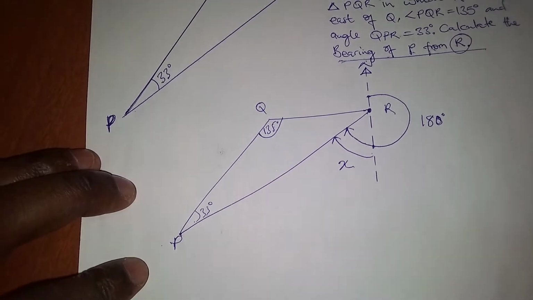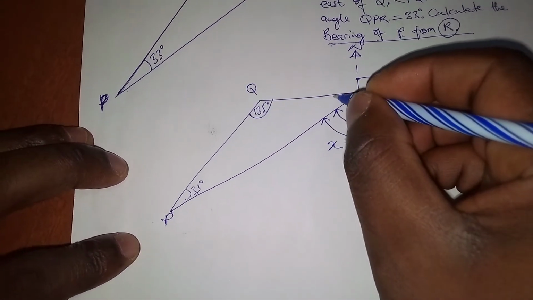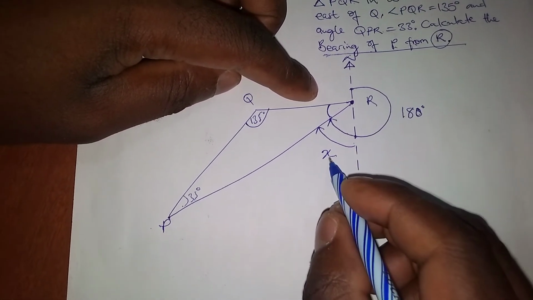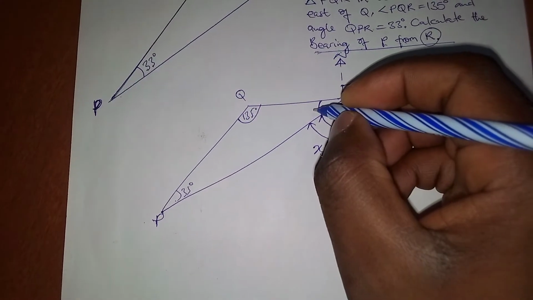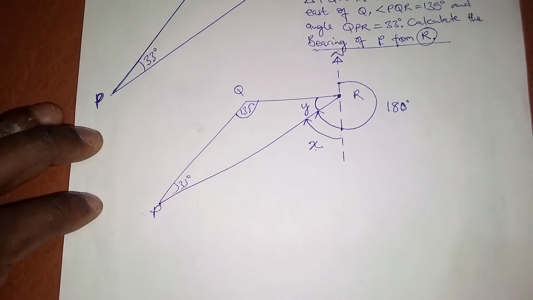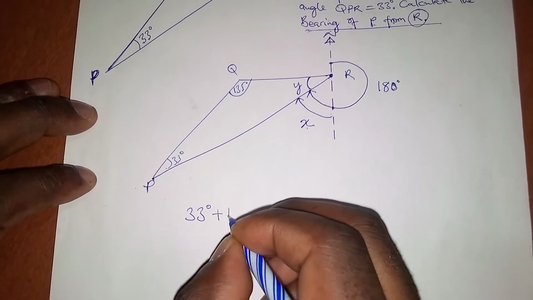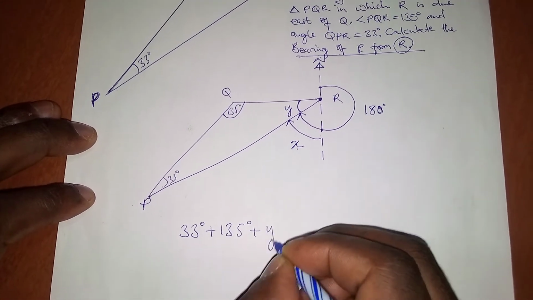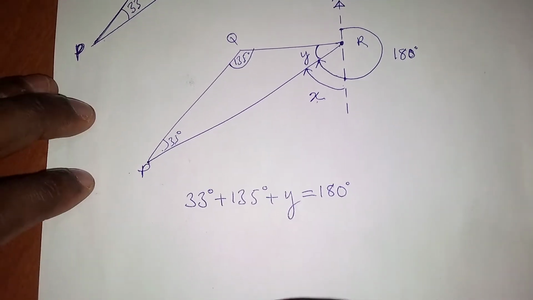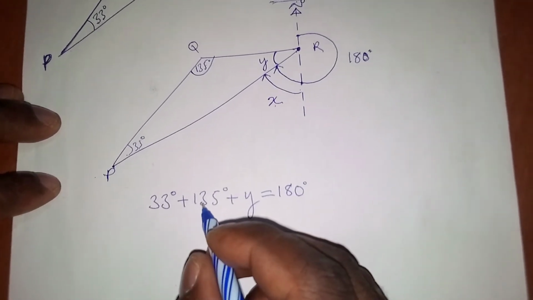Because I have 33 degrees and 135 degrees, all I need is this other angle, which will help me get the angle we are naming X. Let's call this angle Y. So what is 33 plus 135?